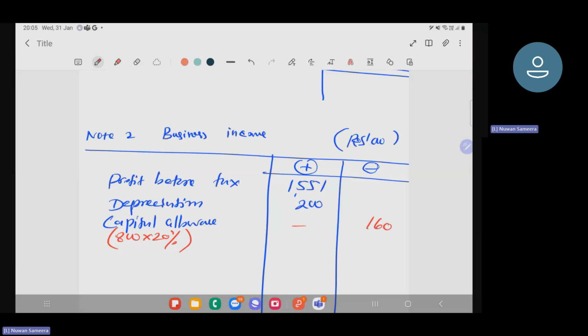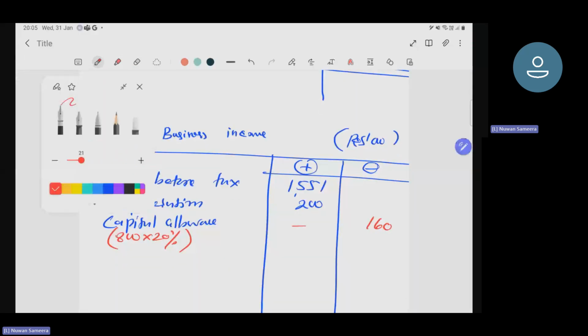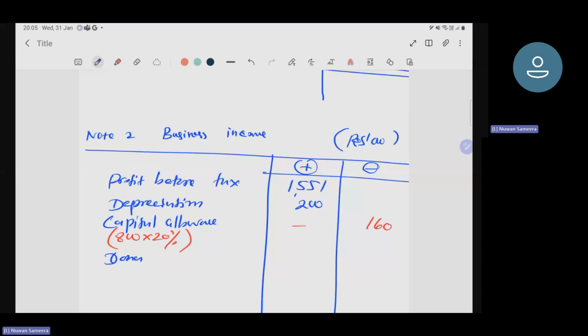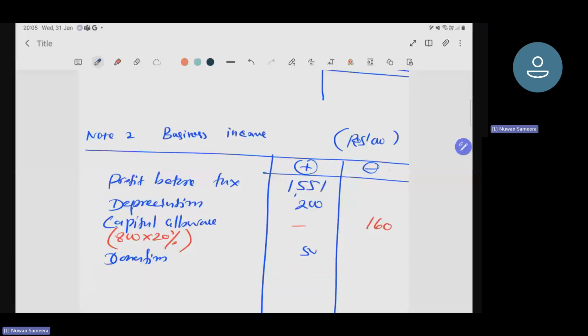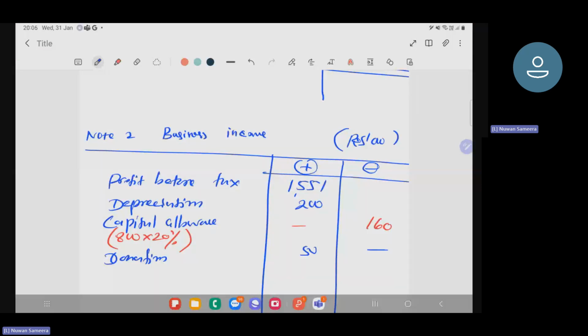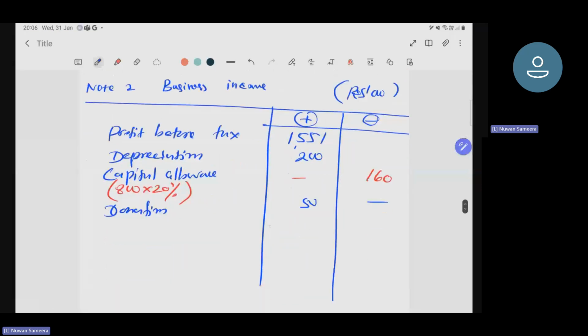So then the donation is also not allowed. The donation is not allowed as per section 11. The donation is how much? When you calculated this 1,551, you had already deducted this 50 as a donation expense. So that is not allowed. Therefore, you have to add back. Then that's all. So you can take the value here, 160.